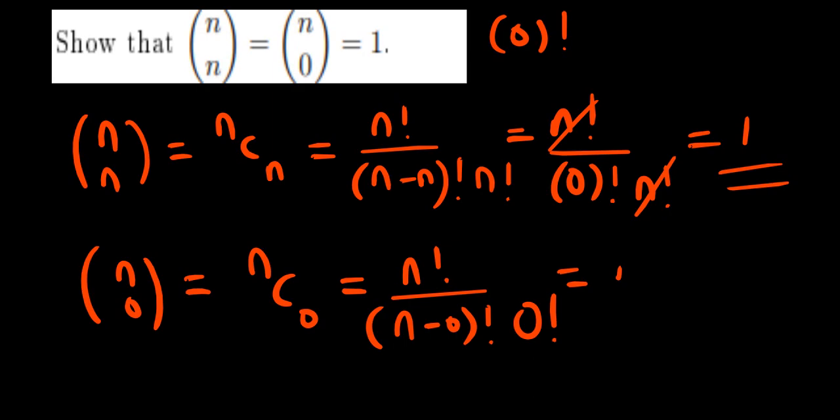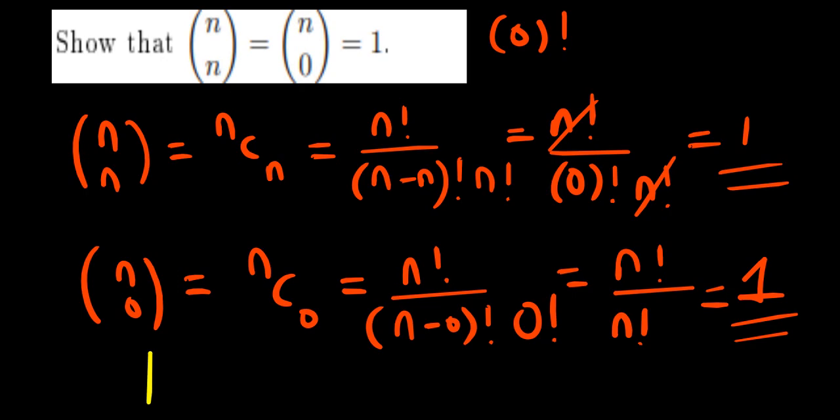So the n factorial on top over n minus 0, that is just n, so it will be n factorial. 0 factorial is just the same as 1, so we will not write the 1. So n factorial divided by n factorial just gives us a 1. Hence, because we were showing this, you are going to write hence proven.